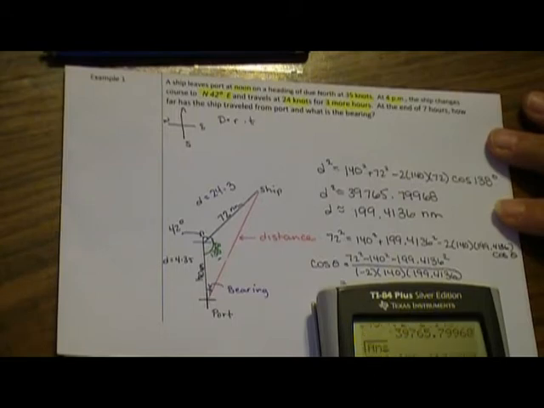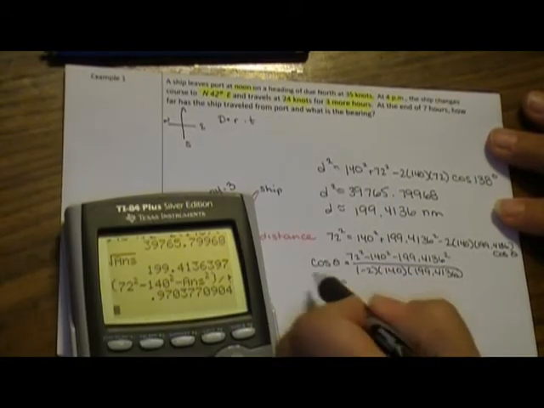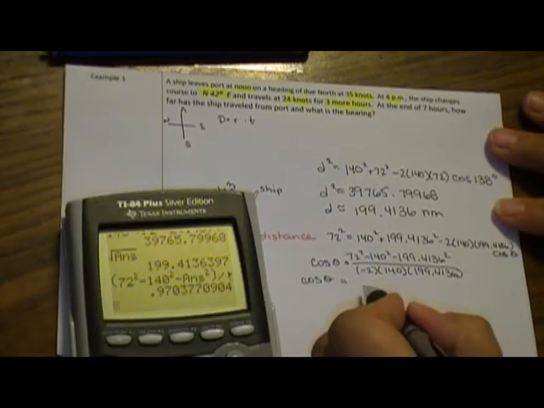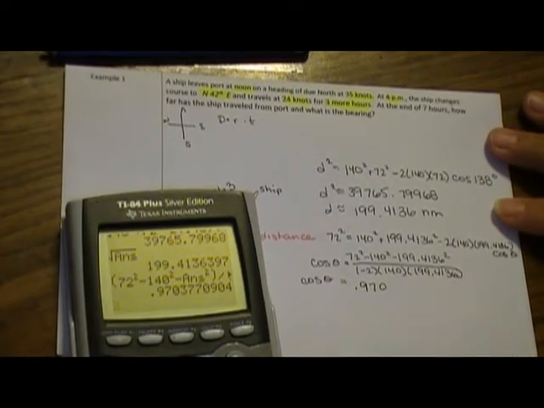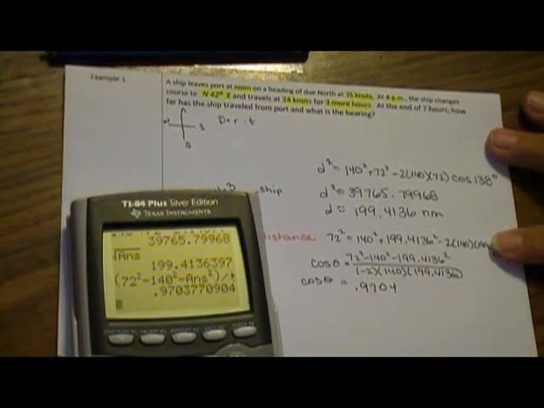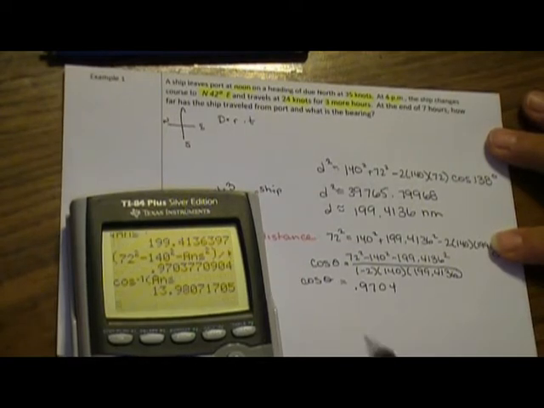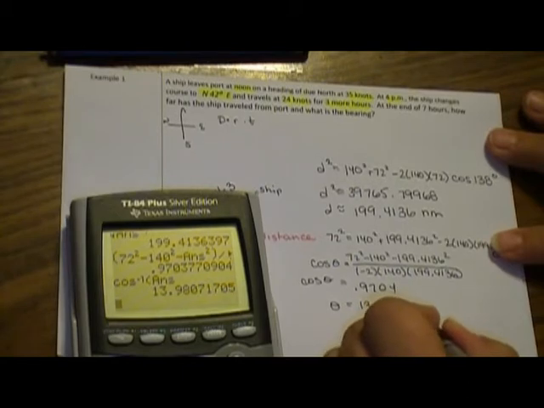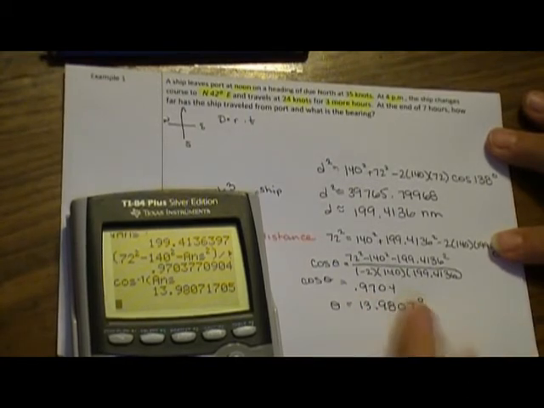And that gives me the cosine of theta is 0.9704. Do inverse cosine, and that gives me that theta is 13.9807 degrees.